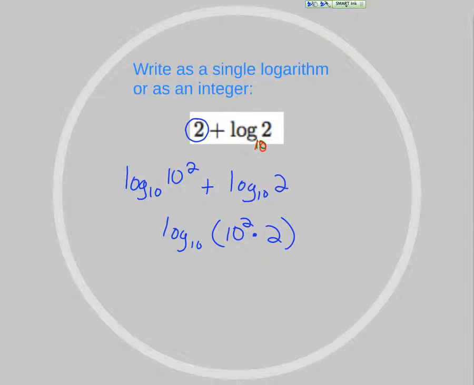Again, with adding, I have to multiply what is in both of my logs. So I can simplify that a little further. 10 squared is 100, and 100 times 2 is 200. And whether you have the 10 in there or you don't, either way is fine.